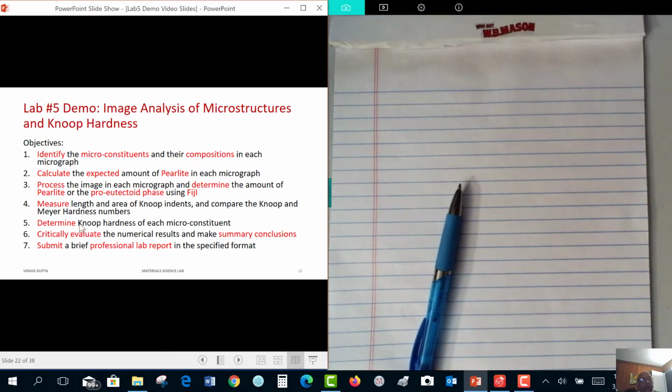We are also going to look at a rule of mixtures to determine the Knoop hardness of each microconstituent. And as usual, you're going to critically evaluate the numerical results, make summary conclusions, and submit a lab report in the specified format.